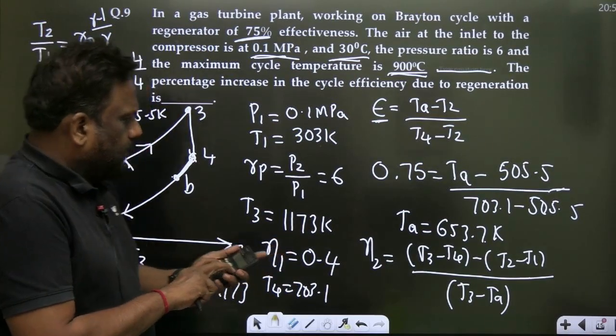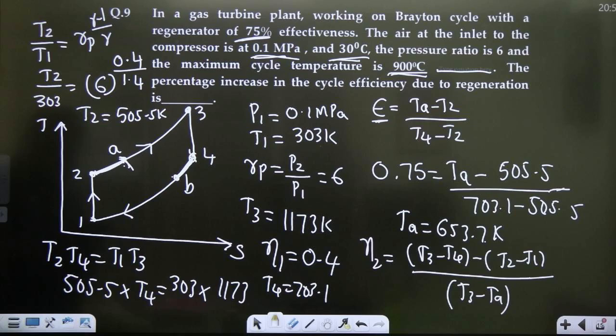So all temperatures are known. Let me substitute. T3 is 1173 minus T4 is 703.1 minus T2, which is 505.5, plus T1, which is 303, divided by T3 minus TA, that is 1173 minus 653.7.